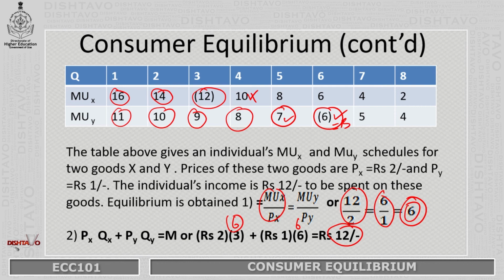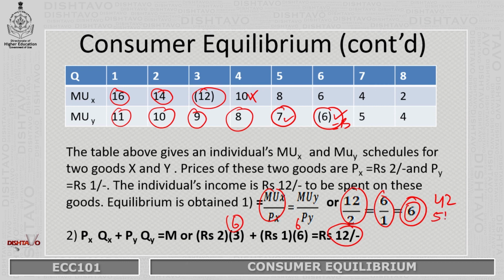And to tell you, what is his total utility? From the first three of X, his total utility is 42. 16 plus 14 is 30, 30 plus 12 is 42. Then what is his total utility from good Y? 11 plus 10 is 21, 21 plus 9 is 30, 30 plus 8 is 38, plus 7 is 45, 45 plus 6 is 51.